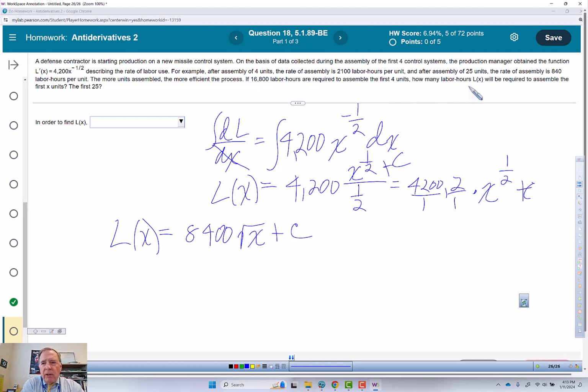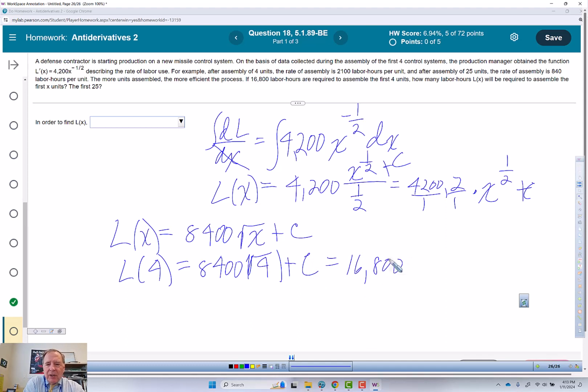And our initial condition is L at 4 is 8400 times the square root of 4 plus c, and that has to equal 16,800. And then the square root of 4 is 2, and twice 8400 is 16,800.